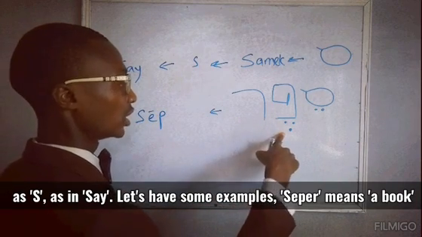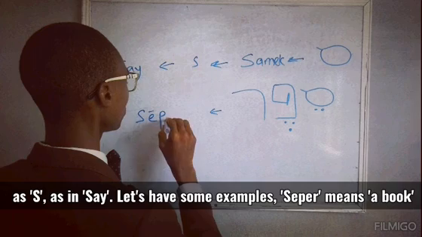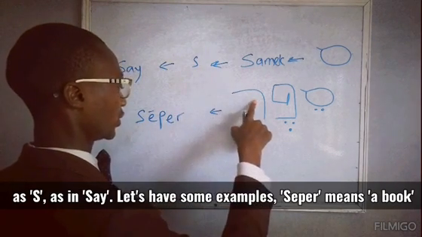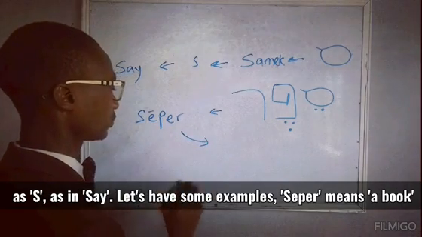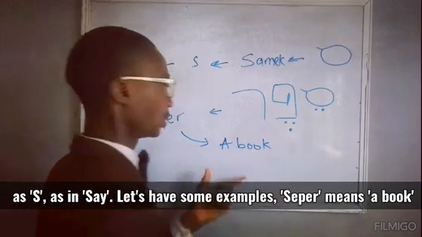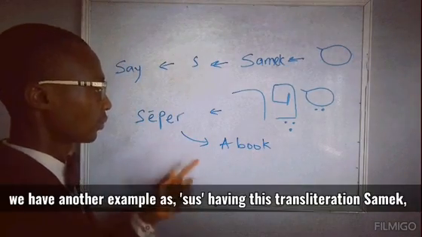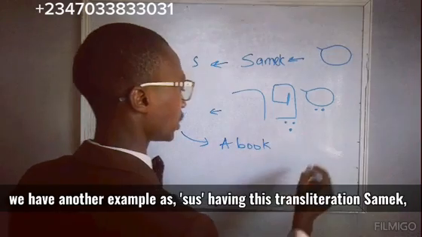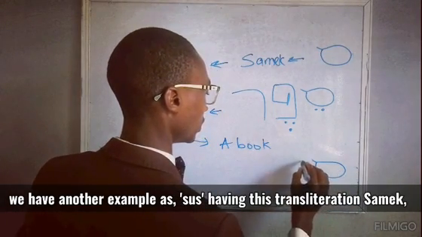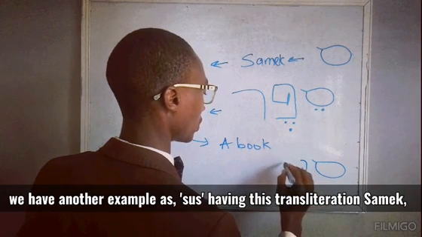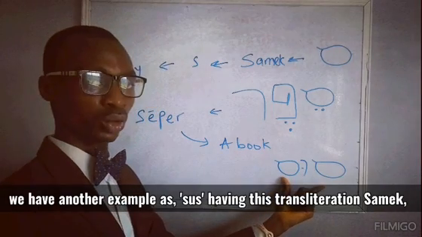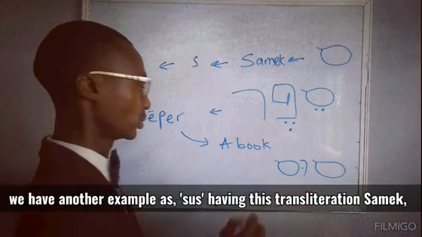This is Samek, Segol, then Pe, Tsere, and Resh, and it means a book. We have another example of Samek as in Sus.